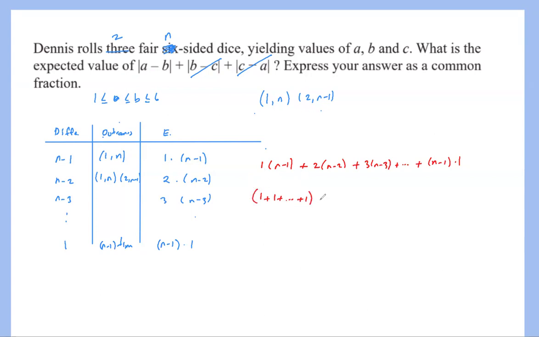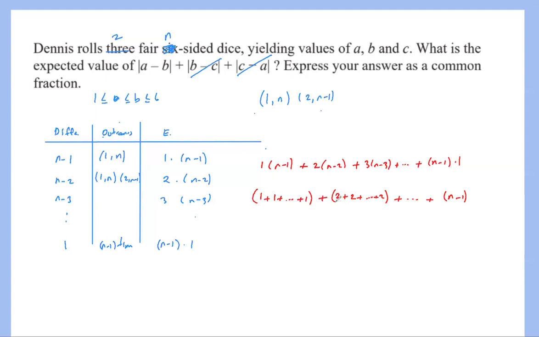The same thing with the 2: 2 all the way to the last 2, and that will be n minus 2 of these 2s. If I keep doing this for 3s, I can do that. And the last one is only one number, n minus 1. I hope that was clear.